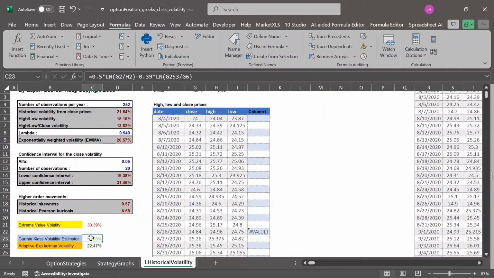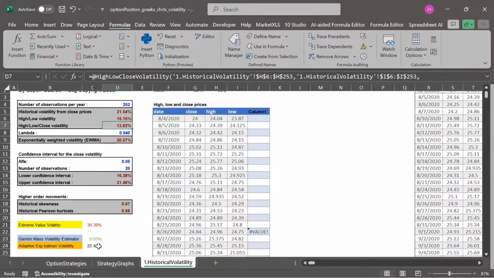The Garman-Klass volatility estimator, that's not truly a Garman-Klass. That's once again high and low over the year by the open and close, beginning and end of year. It's really a yearly high-low open close estimator. It's not truly the intraday Garman-Klass estimator.